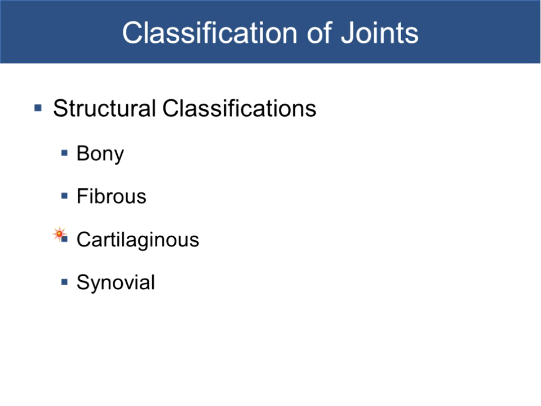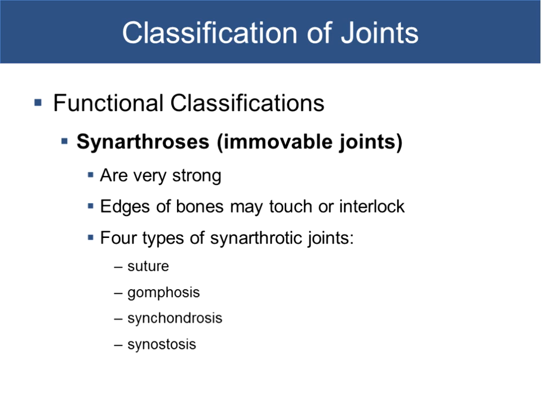And cartilaginous, both fibrous and cartilaginous, pubic symphysis would be an example of that, because there's cartilage or some sort of fiber that's helping to create that articulation, that point of connection between the two bones. And then we've already talked about how synovial joints, the term that we used for that was a diarthrotic joint, or diarthrosis.